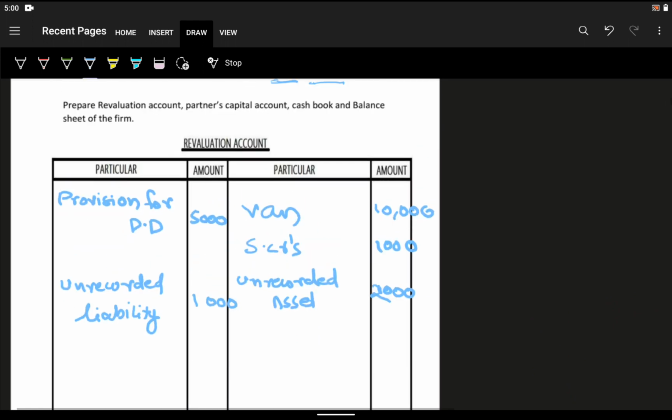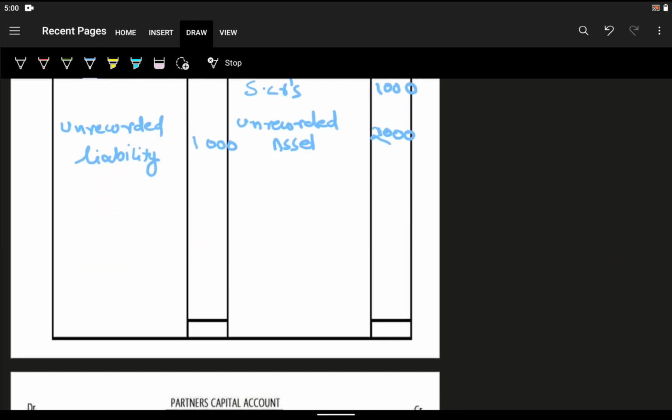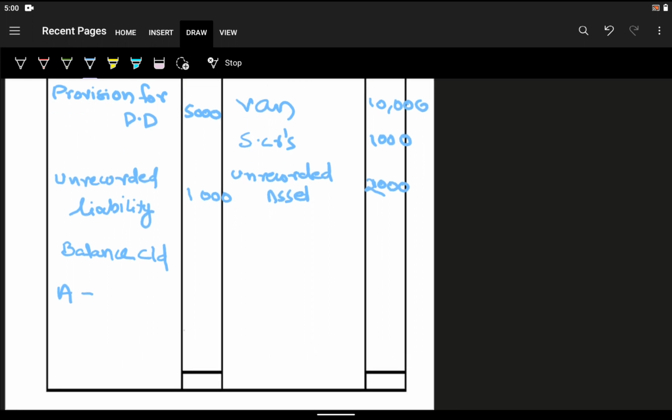Okay, so now we can just balance it. What is the balance here? Balance carried down. It will be 10,000 and 30,000 minus 8,000, so the balance will be 7,000 profit. So how much will A get? We'll distribute in 1:2 ratio. 7,000 into 1 by 3.